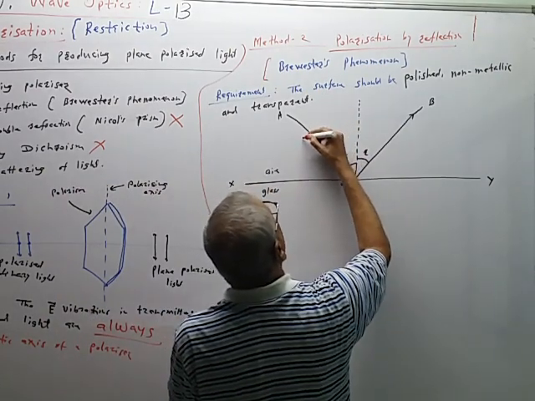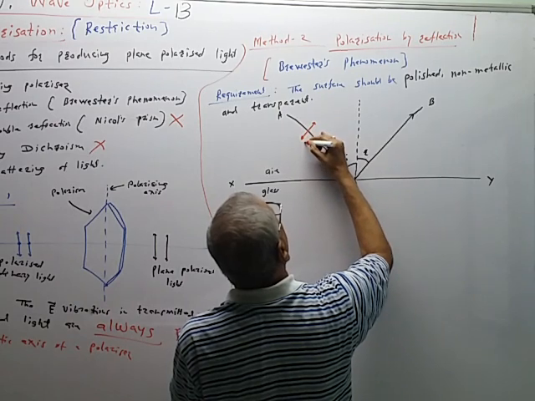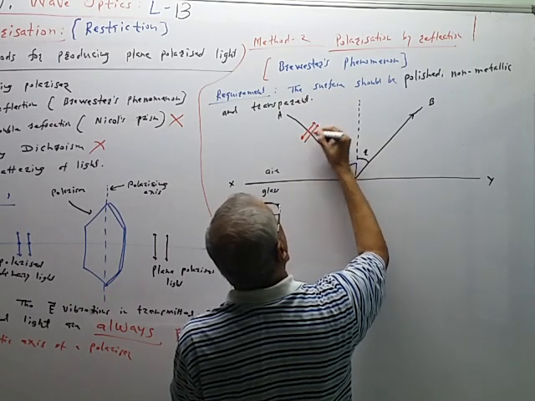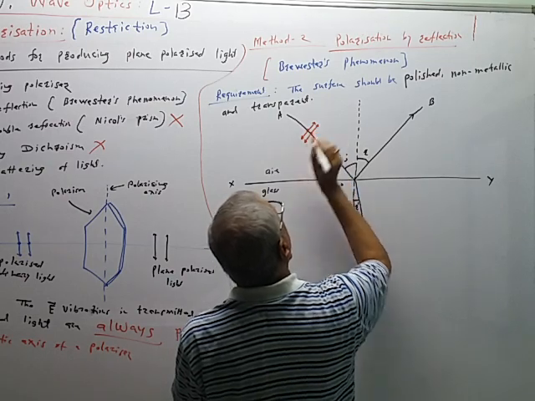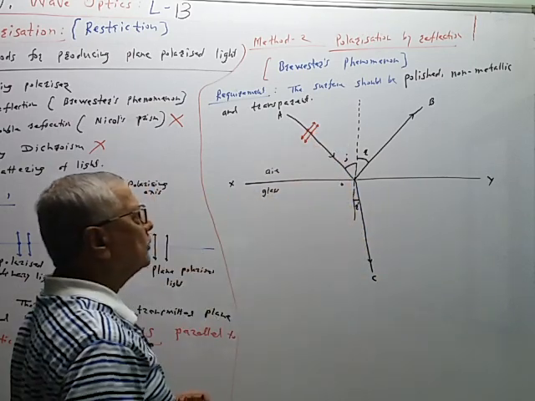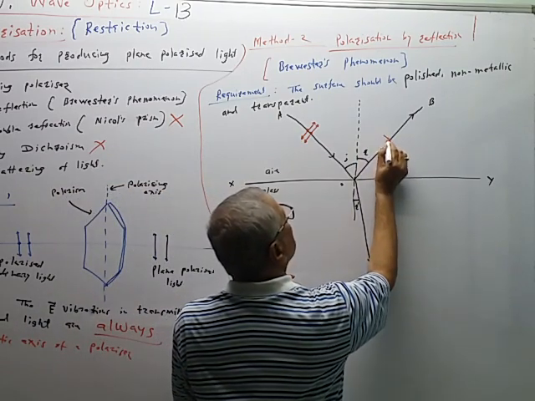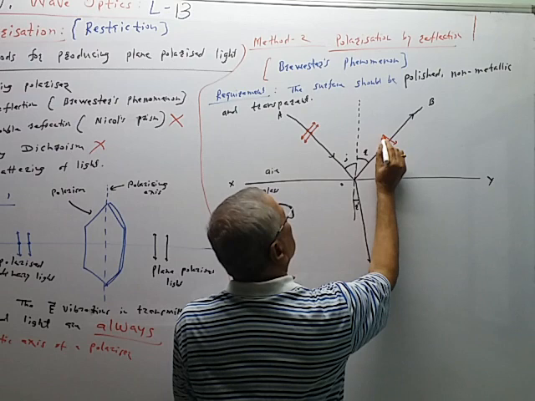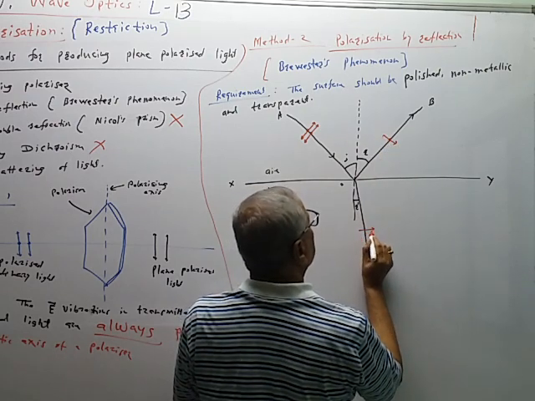So this incident light is the unpolarized light. It is shown like this, unpolarized light. This is partially polarized light.